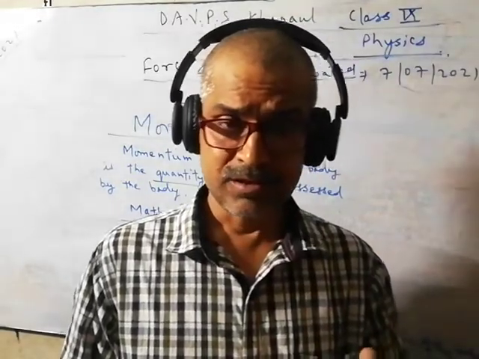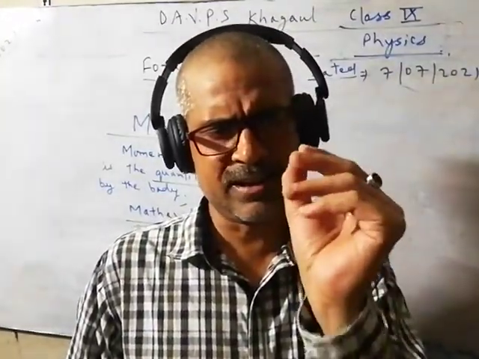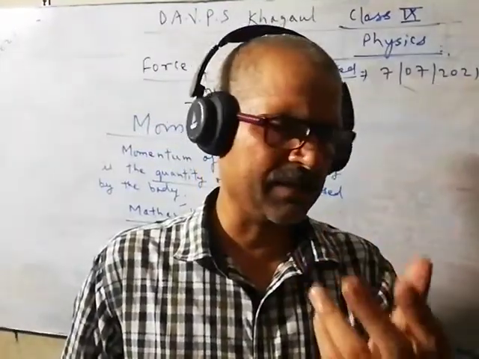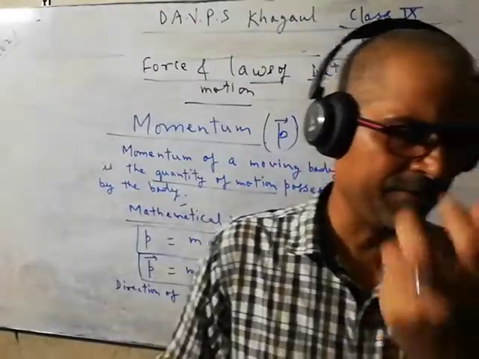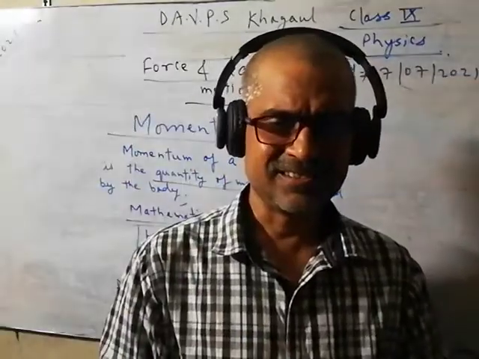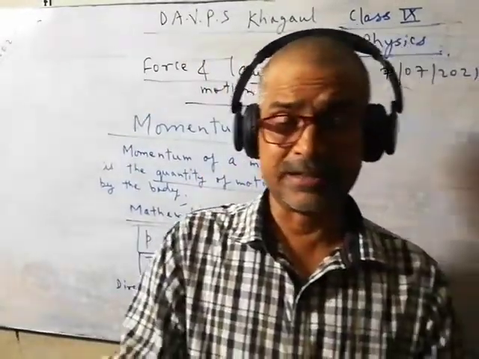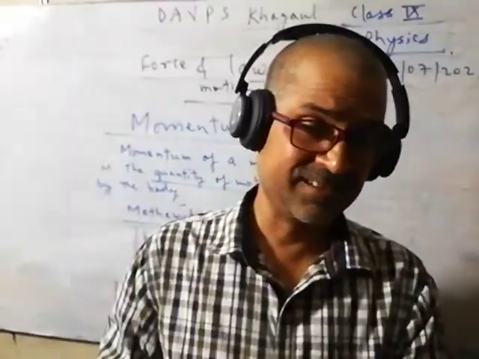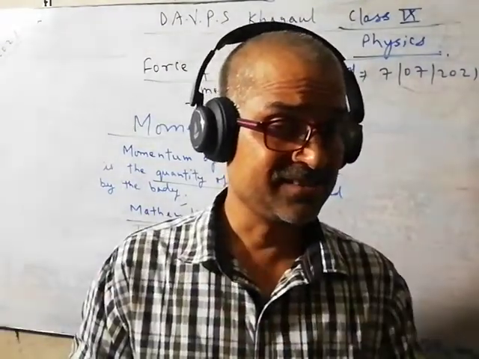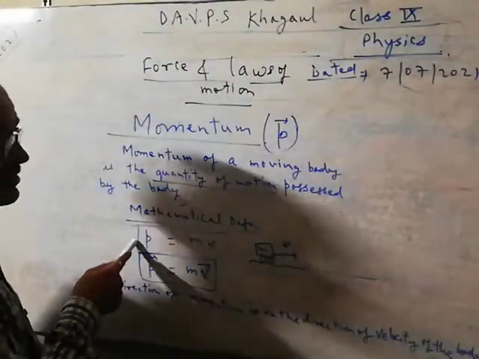Take the example of a bullet. A bullet has very little mass, hardly 150 gram, or 250 gram maximum if it is a heavy rifle bullet. But if that bullet is thrown by hand, it does not damage anything. But if that bullet is fired from a gun, from a rifle, from a pistol, then due to high velocity, even though the mass is less, its momentum becomes quite high.